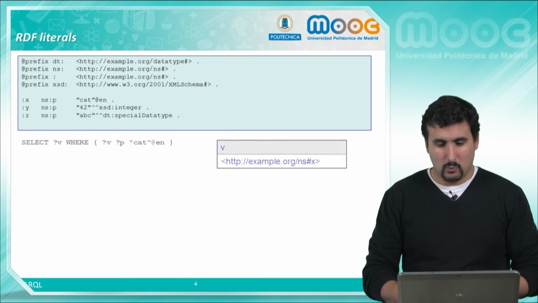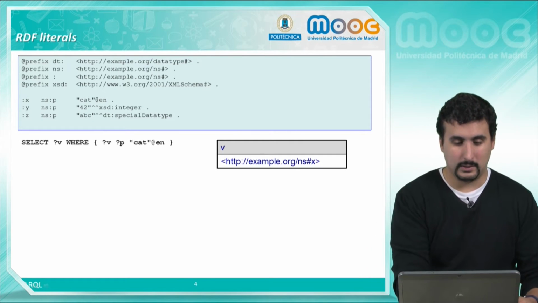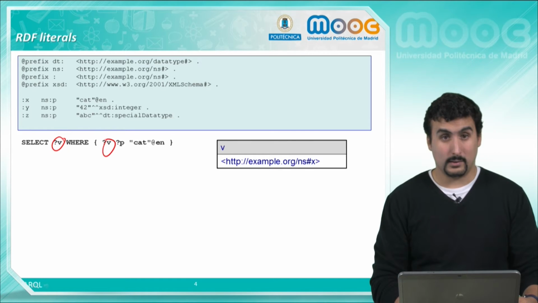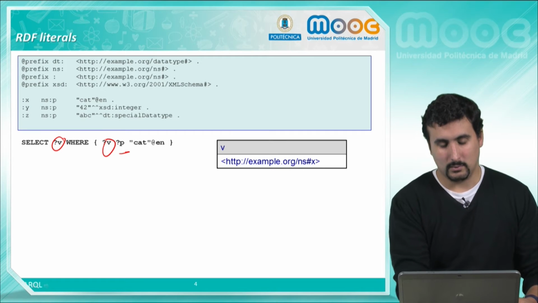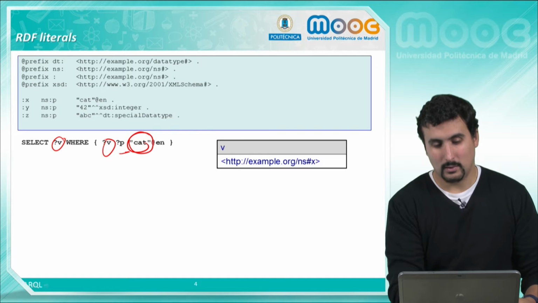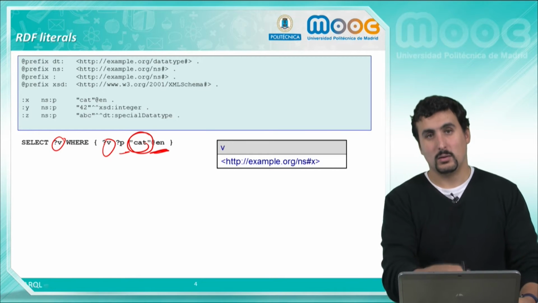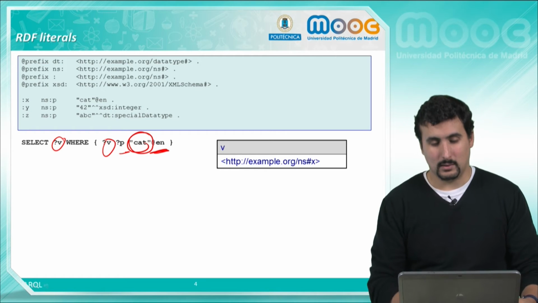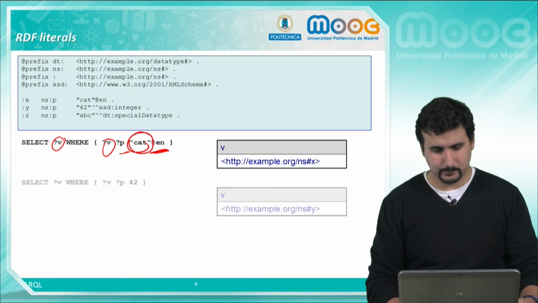So when doing queries in SPARQL, we can select here, for example, an individual B, where that individual has the property, any property, in this case yes, it's going to be P, related to a string cat, which is annotated in English. This is how we define languages in RDF, and we can use that to query data in SPARQL.